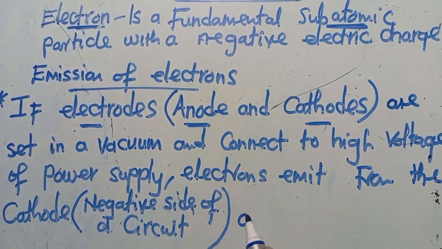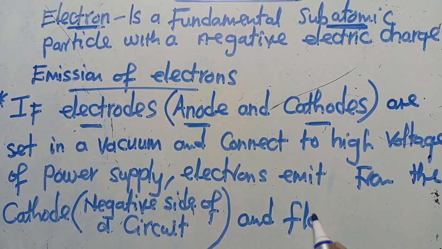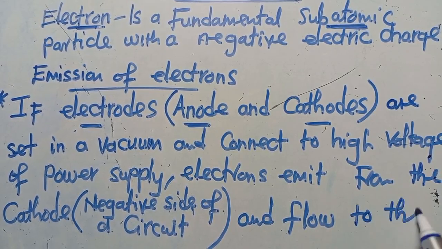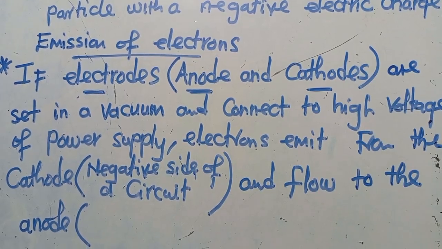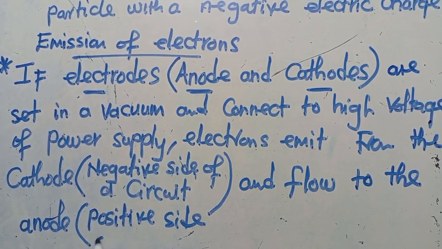And the electrons flow to the anode. What is an anode? Since the cathode is the negative side, the anode is the positive side of a circuit.